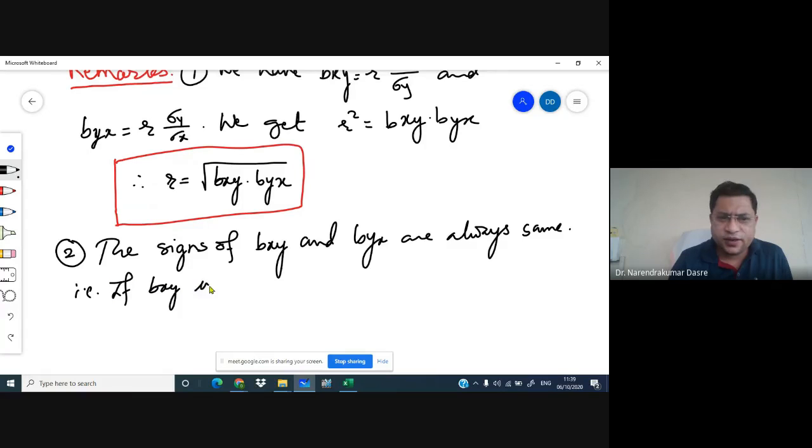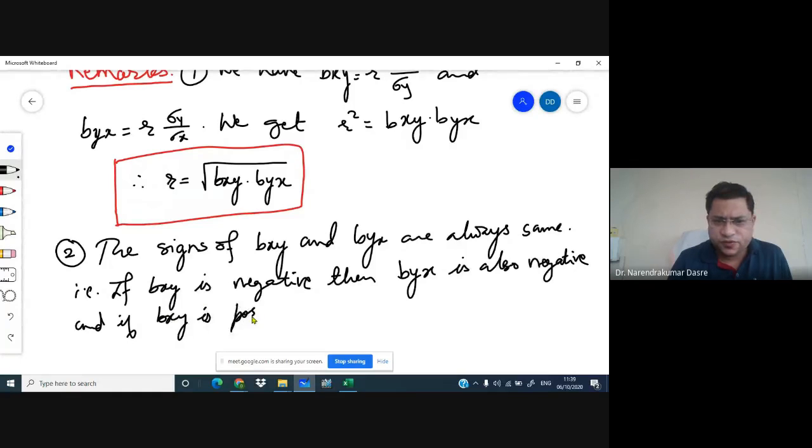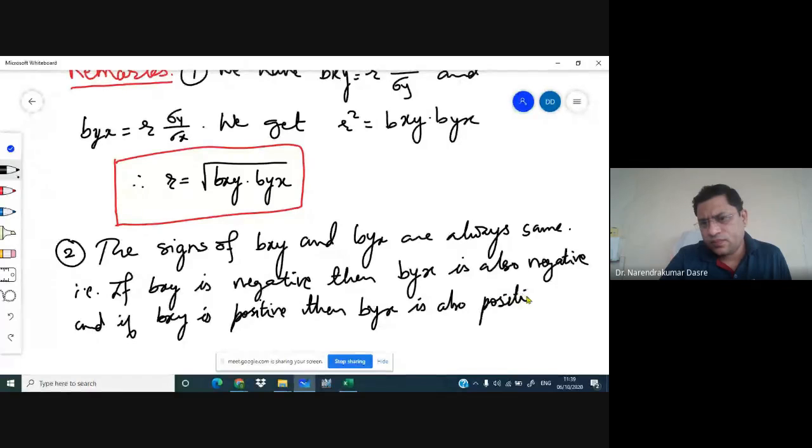If bxy is negative, then byx is also negative, and if bxy is positive, then byx is also positive. Then only this r square will be positive.